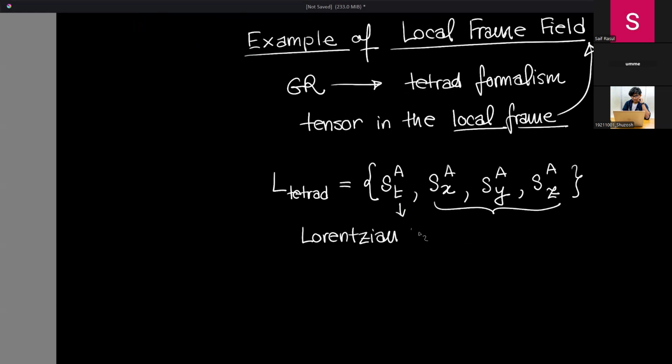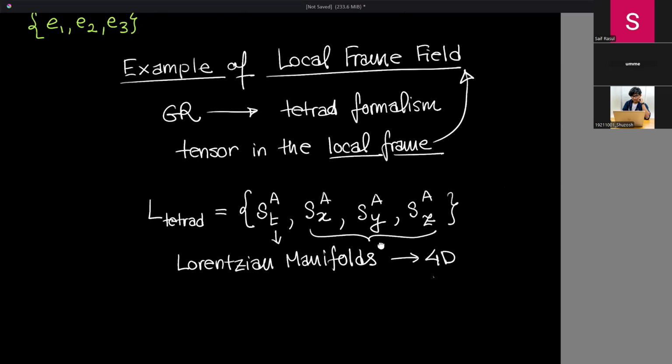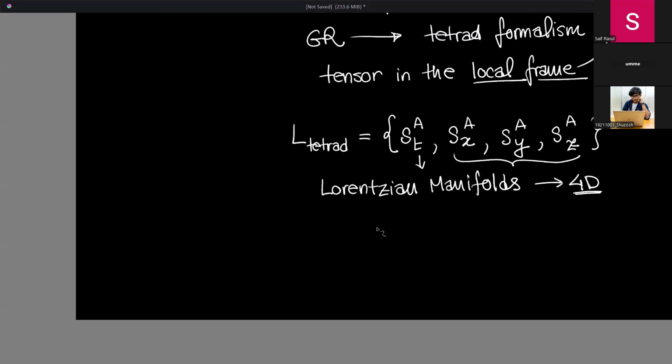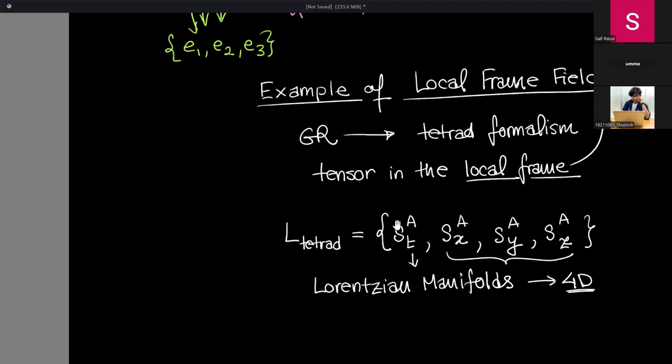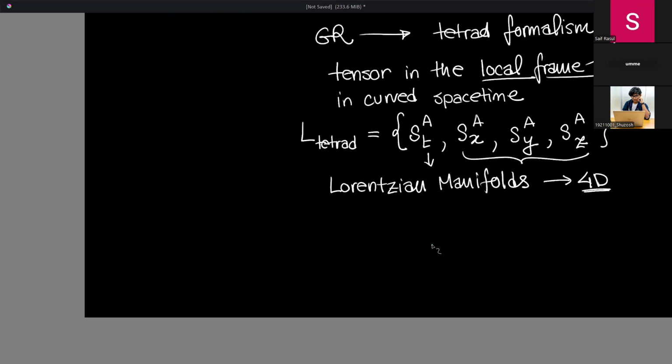We haven't looked at Lorentzian manifolds yet. They're kind of cousins of Riemannian manifolds. These are 4D, so they will have 4 basis vectors. And so these sections choose basis vectors over a local patch of space-time. So this 4D space is space-time, and it allows us to talk about these tensors that are working in this overall curved space-time, and talk about it in a more simple manner.